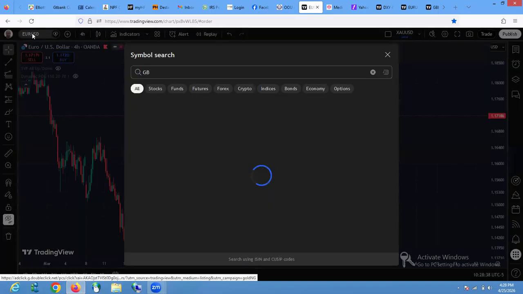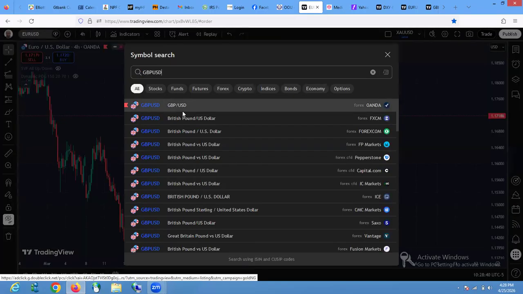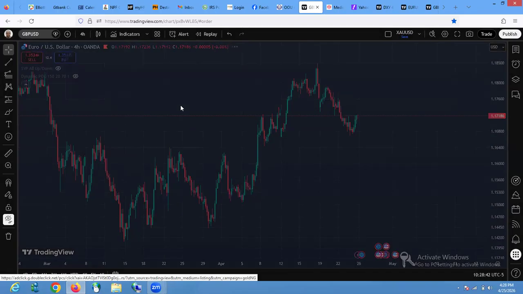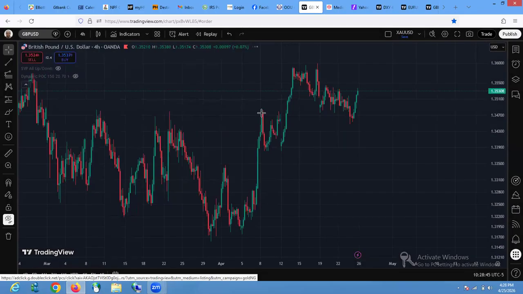Now, GBPUSD. What I see here on the GBPUSD is that it has given us this drop to the downside, a correction here, and this is turning to be impulsive to the upside. I don't think that this will go up to break the top.